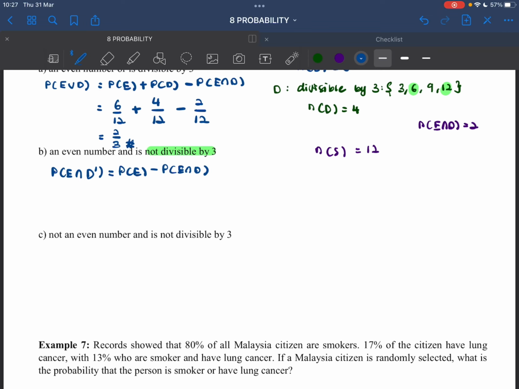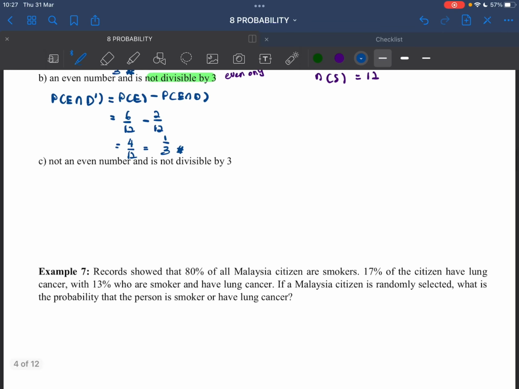Okay, that's the same thing as even only. Right, so here we just substitute into the formula. P(E) is 6 over 12. P(E intersect D) is 2 over 12. So you have 4 over 12, which you have to simplify to 1 over 3.